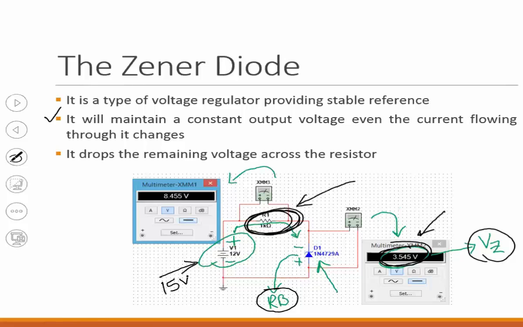So that's why usually in a design we need to make sure that this resistor is able to handle extremely high power. Otherwise you could easily damage that input resistor because of the rest of the voltage. So if you put 50 volts right here, then approximately 46.5 volts will be on this resistor, right? So the power rating of the resistors must be carefully observed, usually when you're designing a circuit with a Zener diode.